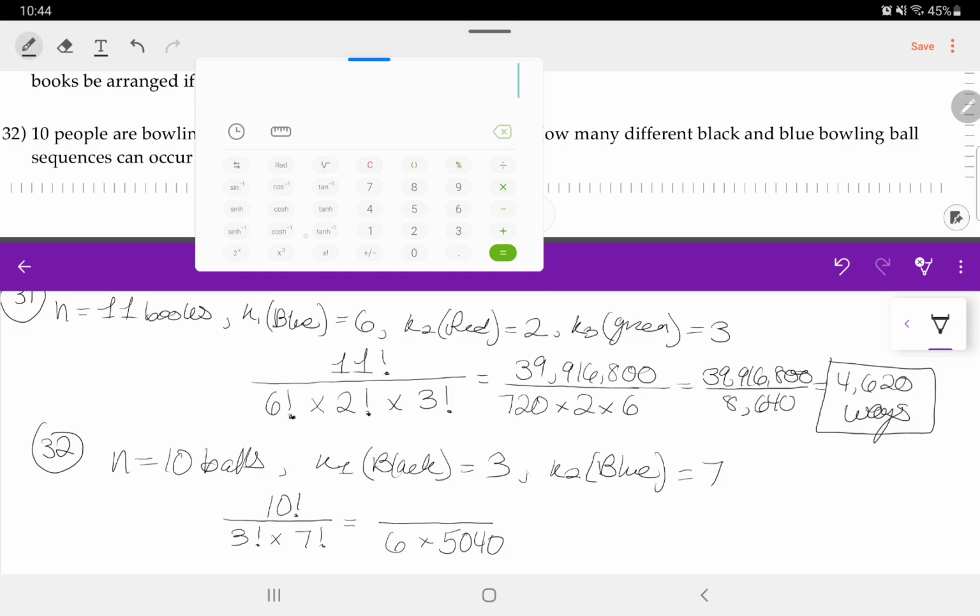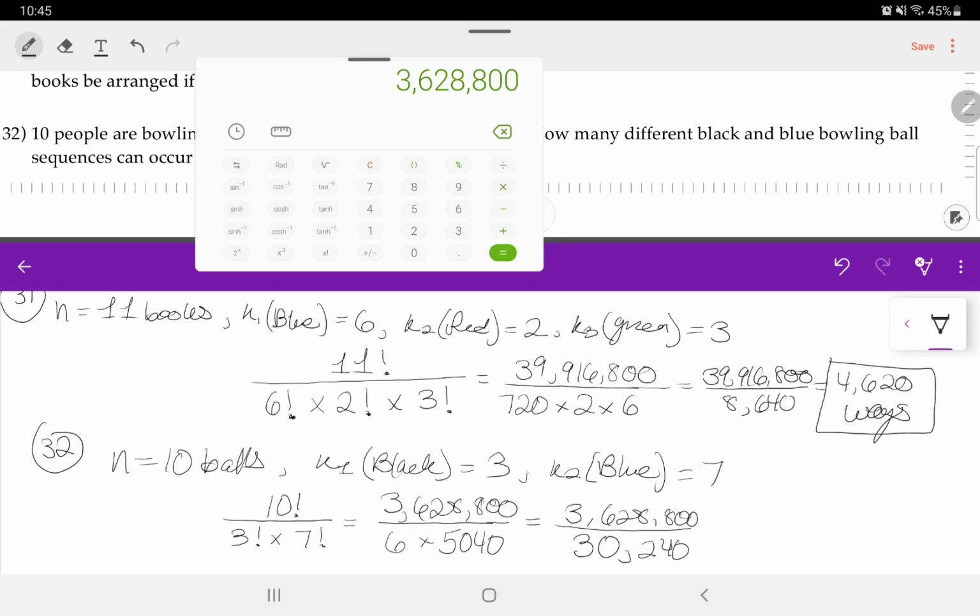And my numerator, which is 10 factorial, is going to be 3,628,800. When I multiply my denominator, that's going to give me 30,240.